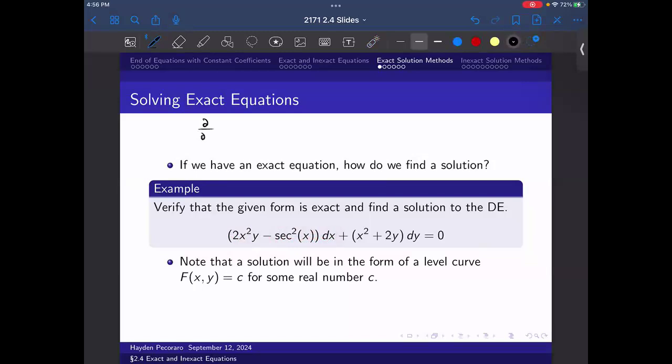So dy of 2x squared y minus secant squared x equals, this is constant, so it goes away. And then the only part we care about here is that y. So we get 2x squared.